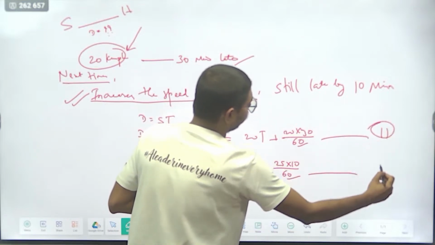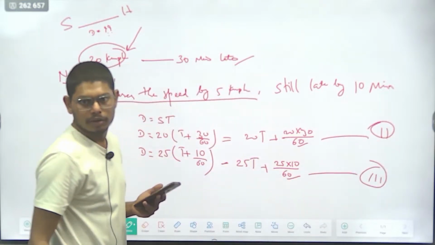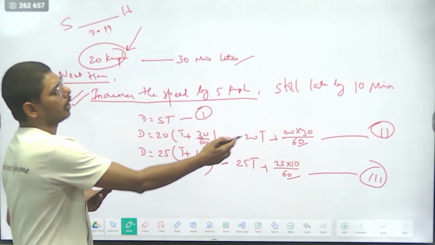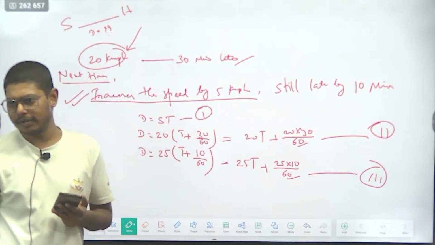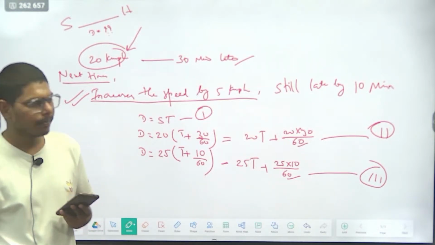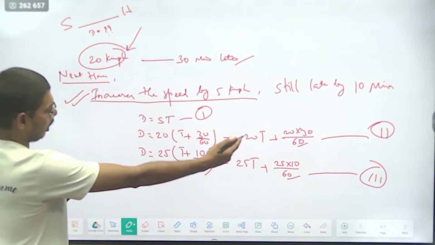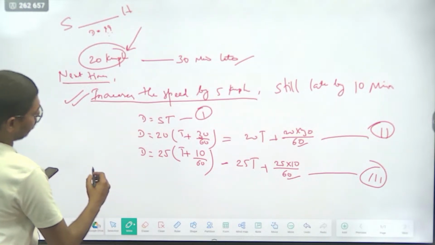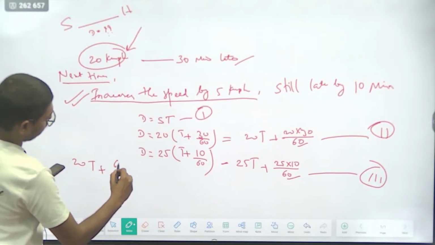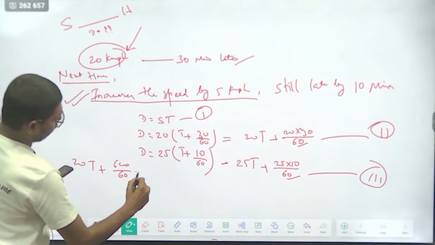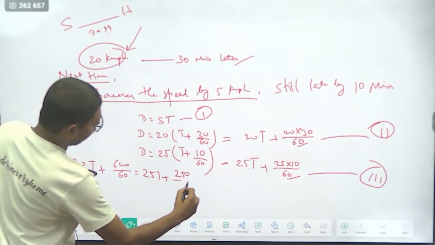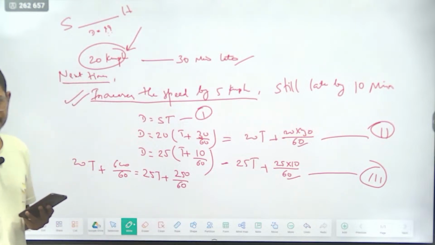So now these two are the same. We can call it 2, we can call it 3. Then what is 1? Maybe this is 1, or you can name it 2 or 3 also, it's your choice, it doesn't matter. Basically 2 and 3 are equal, which means 20t plus 600 by 60 is equal to 25t plus 250 by 60, right?